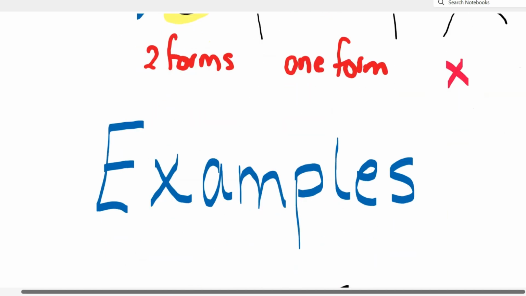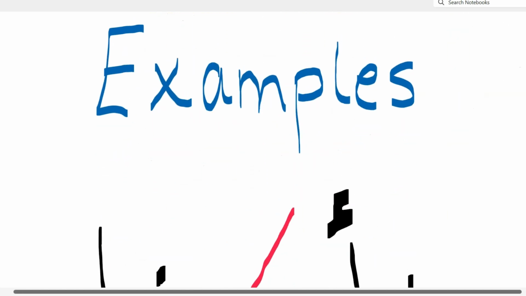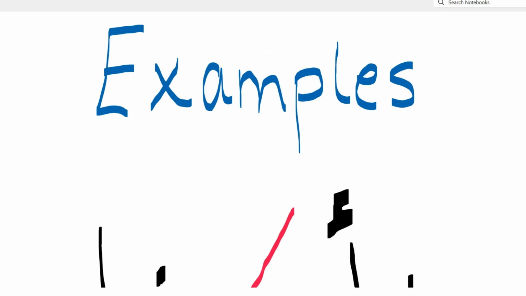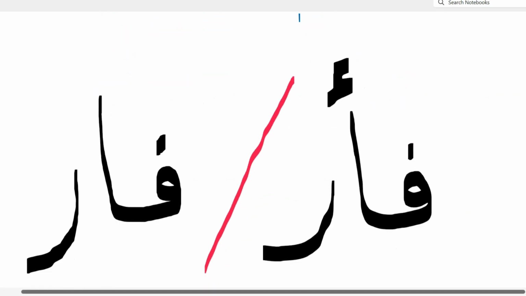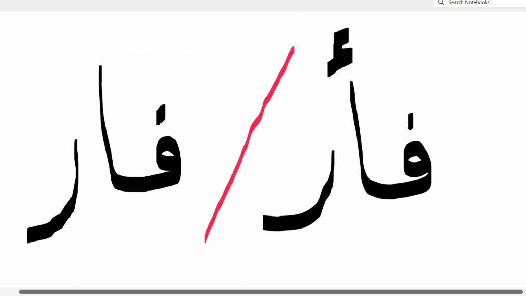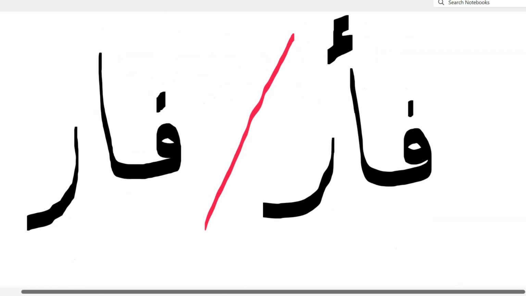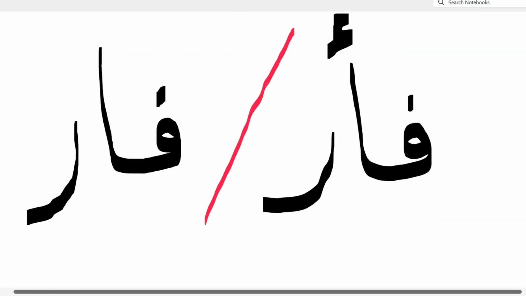Okay, now let's take examples. I want to explain to you the difference in the pronunciation between the hamza and the alif in general. So let's take two Arabic words. Now, please take a careful look at it. You can see that in the beginning we have the fa right here.